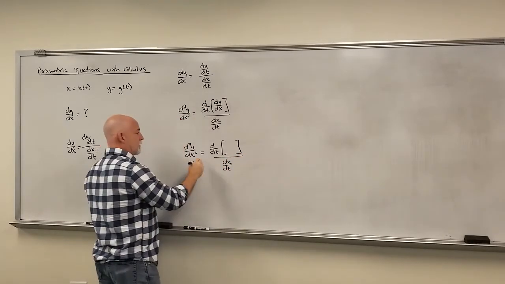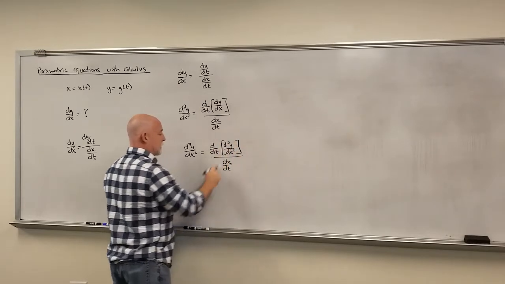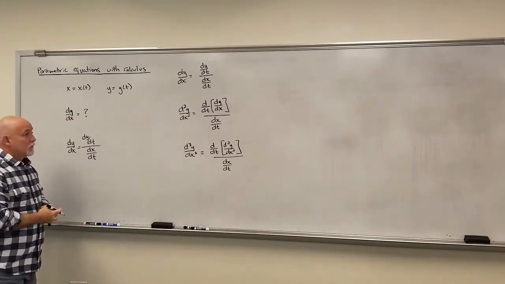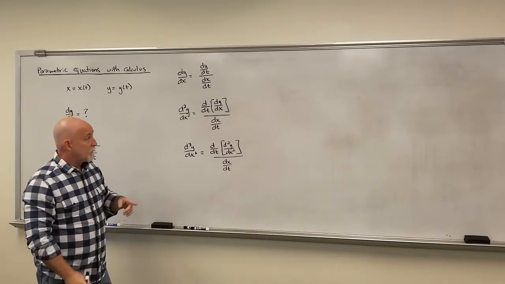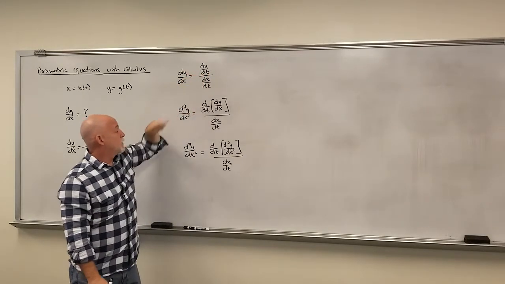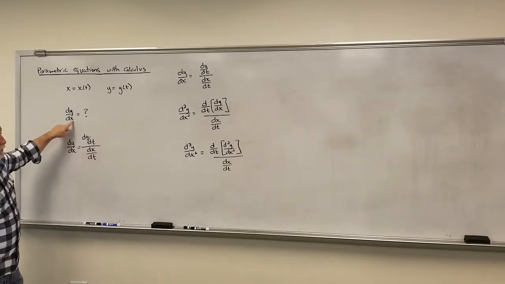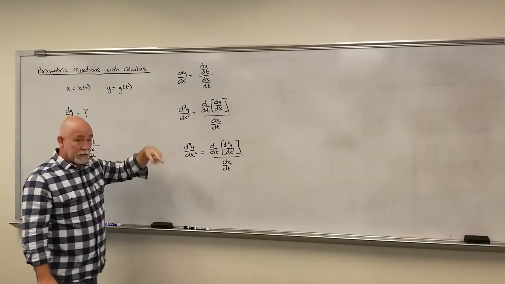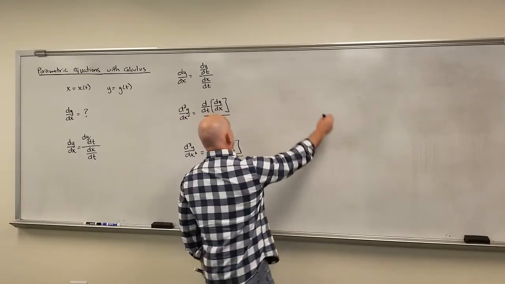So the third derivative would be the derivative of the second derivative. Okay, so the idea of how a derivative is taken in parametric form is a little bit different. You take the derivative of the function you're looking for with respect to t, divided by the new independent variable. We're saying x is the independent variable here with respect to t, and you keep doing that over and over again. So let's just try a few of these.